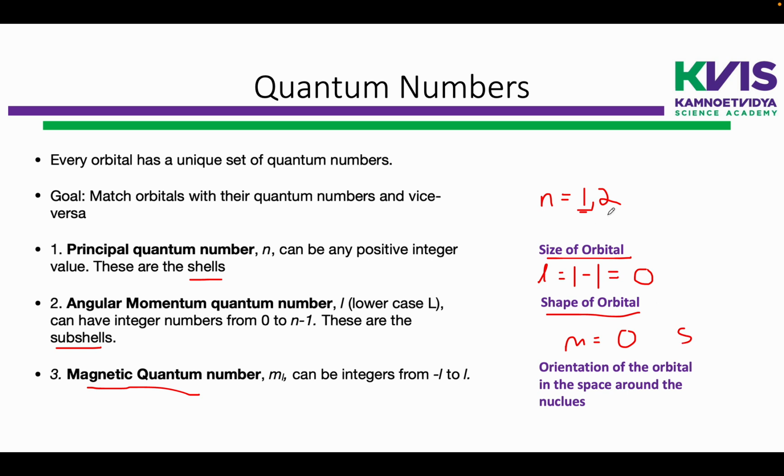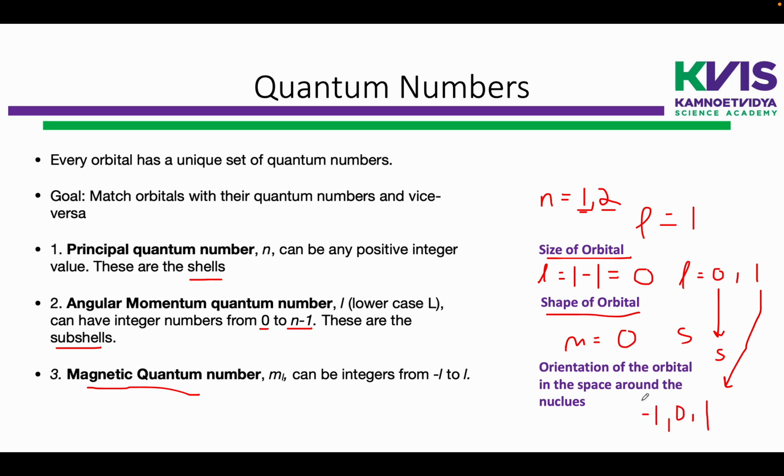But what if n is equal to 2? Then L is equal to 1, because L is n minus 1. Which means L will range from 0 to n minus 1, so L can equal either 0 or 1. If L is equal to 0, that is directly the s orbital. But if L is equal to 1, then L ranges from negative L to L, so I can have negative 1, 0, and 1.